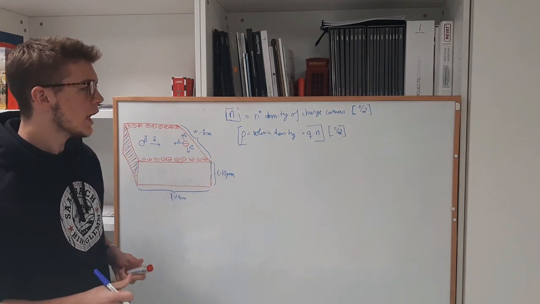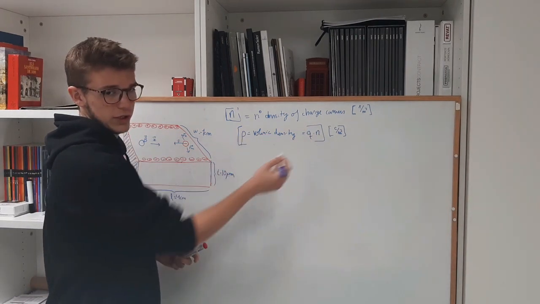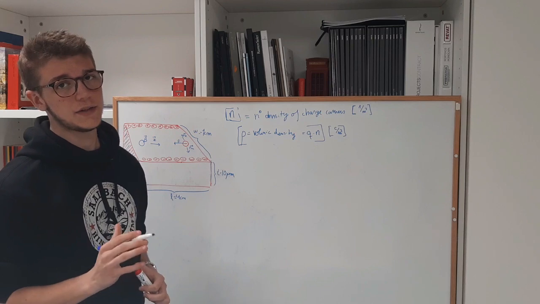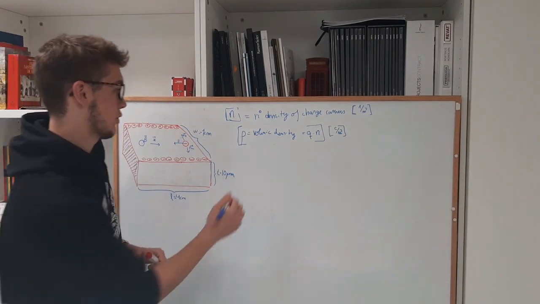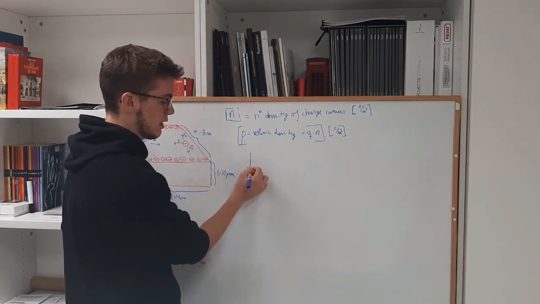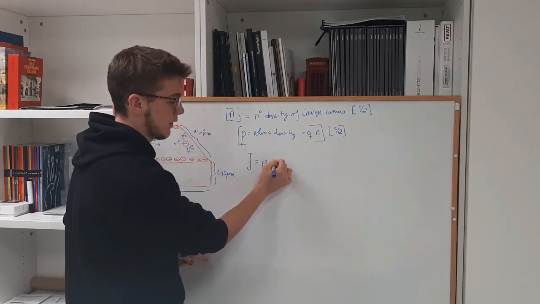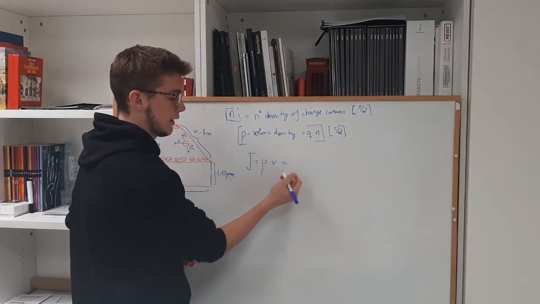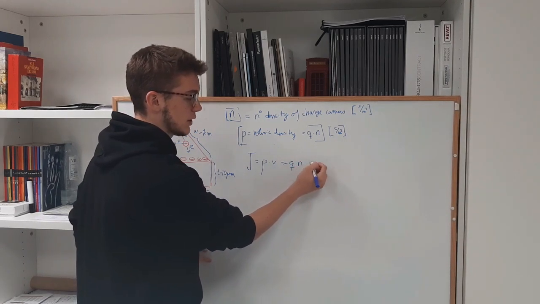So we know that rho is q times n, considering q as the electron charge. Now we can proceed with the formulas. We know that J is rho times velocity, and this rho can now be substituted by q times n times velocity.